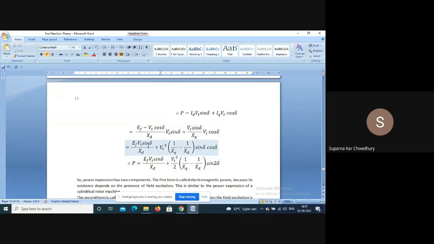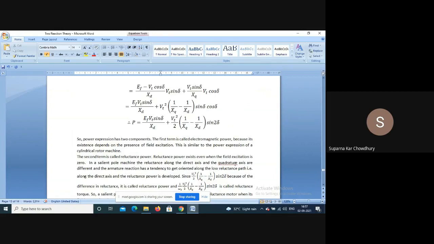So we have Ef Vt sine delta by Xd plus Vt square into 1 by Xq minus 1 by Xd sine delta cos delta. That can be written as sine twice delta. So Ef Vt by Xd sine delta plus Vt square by 2 into 1 by Xq minus 1 by Xd sine twice delta. So this has got two components.